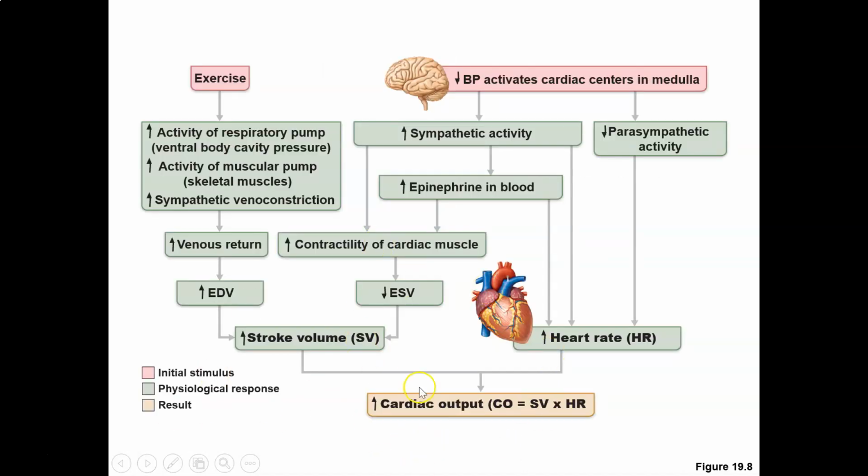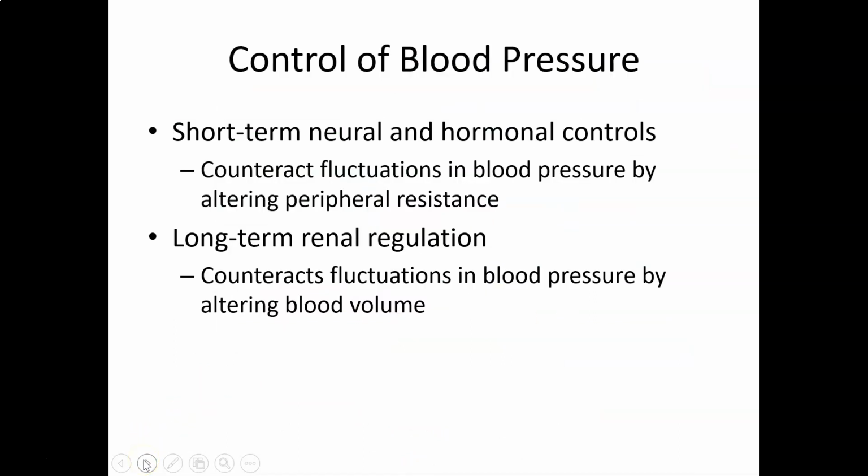Here's all these equations, we'll come back. For short-term control of blood pressure, we change resistance. All we have to do is dilate or constrict blood vessels. Resistance changed, blood pressure changed. Long-term control of blood pressure is done by controlling blood volume.